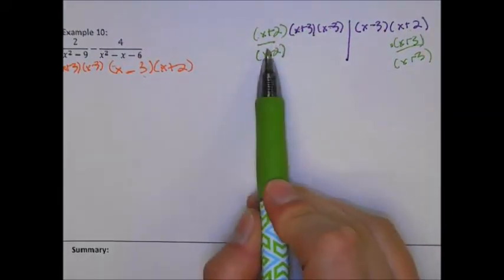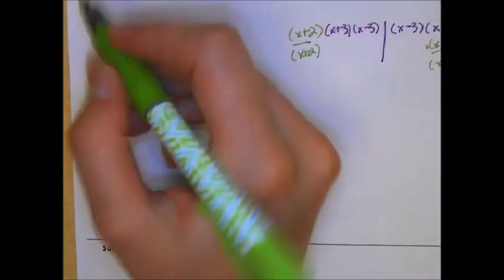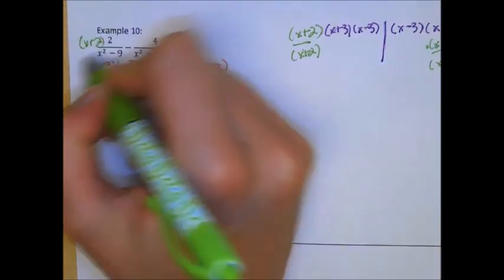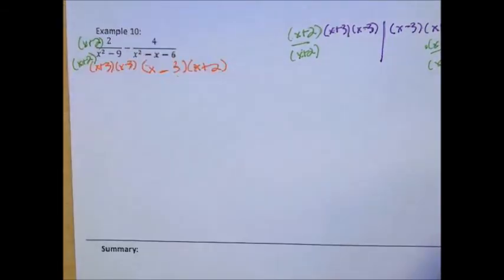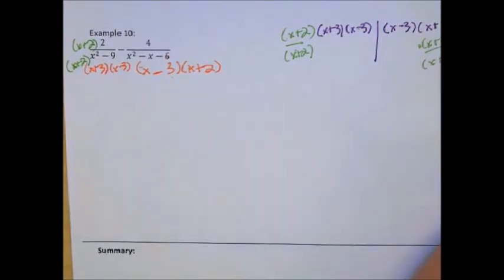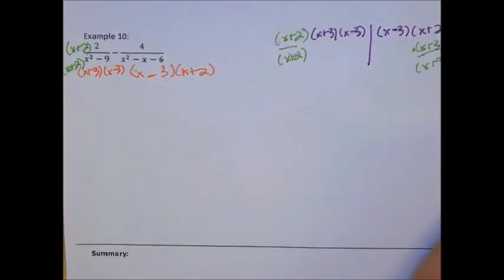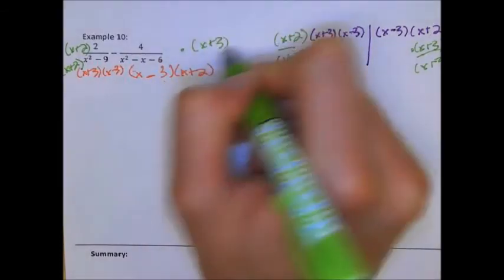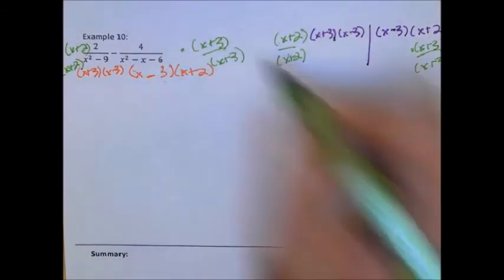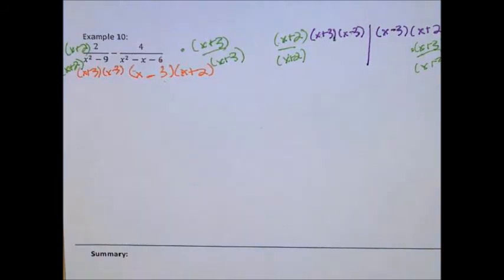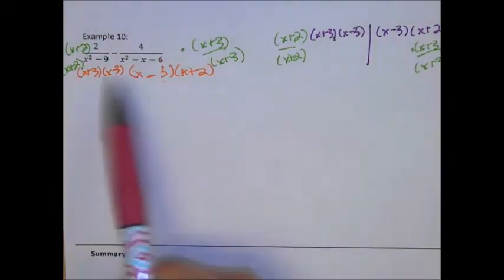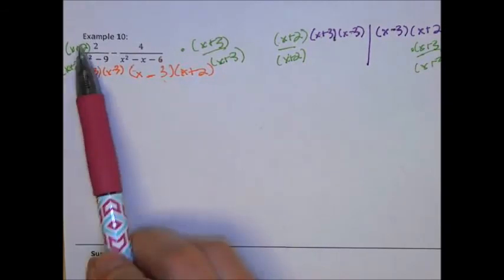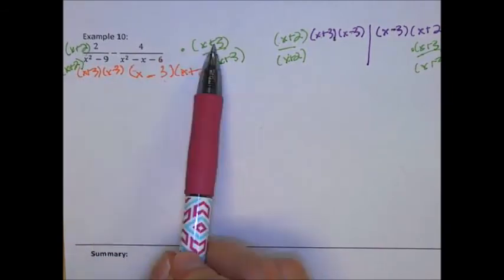So the first fraction, we're multiplying by x plus 2. The second fraction, x plus 3. Okay. So again, we're just looking for what's missing. This one doesn't have an x plus 2. This one doesn't have an x plus 3.